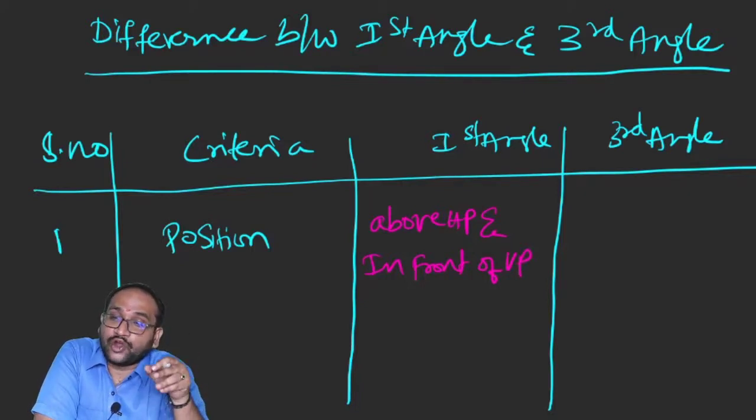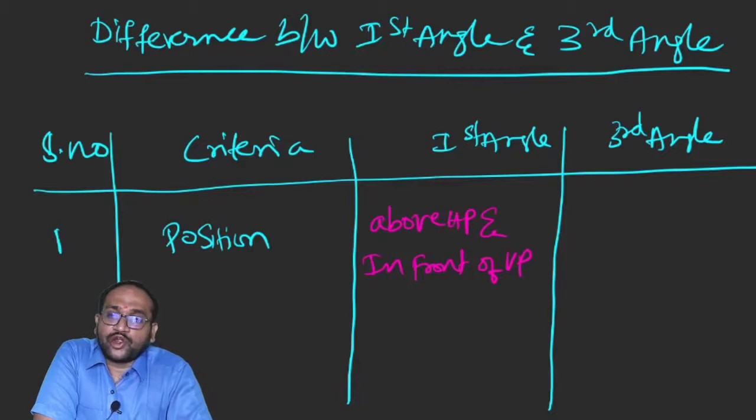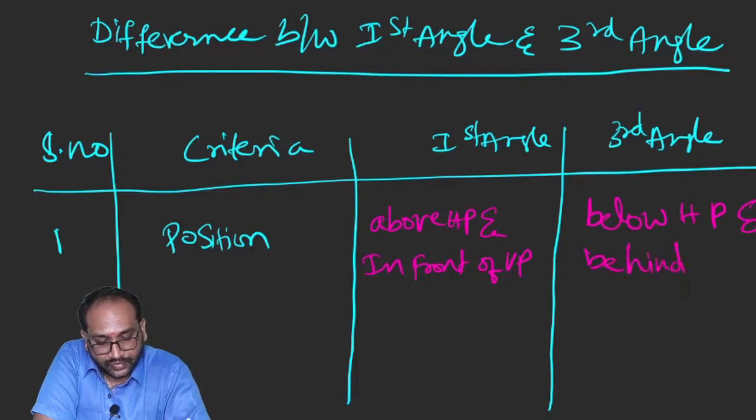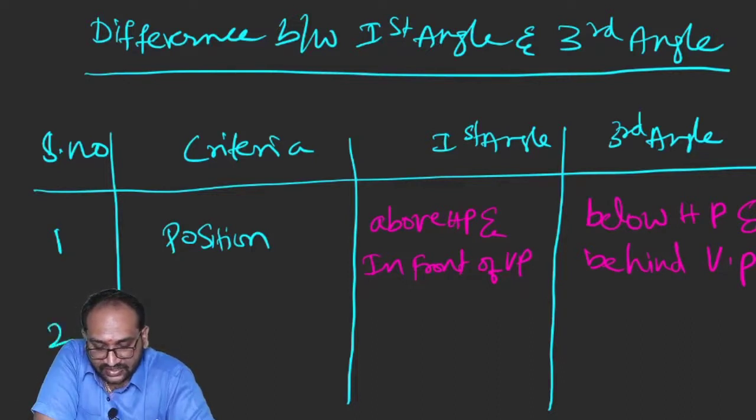In the observer's point of view, first angle projection is above HP, in front of VP. Similarly, in the observer's point of view, position of third angle is below HP, behind VP.